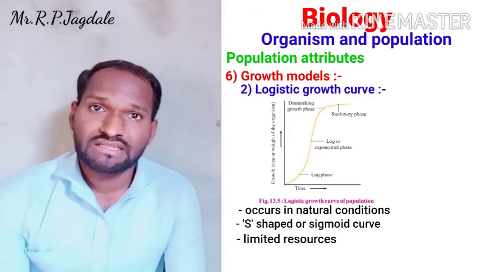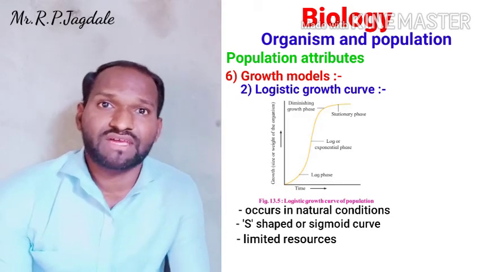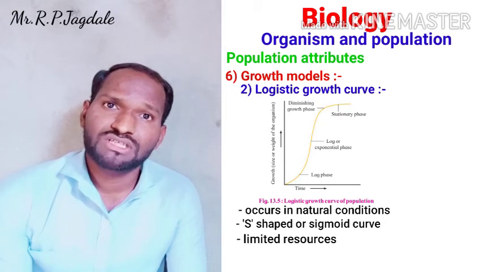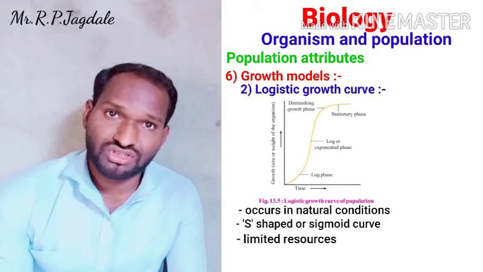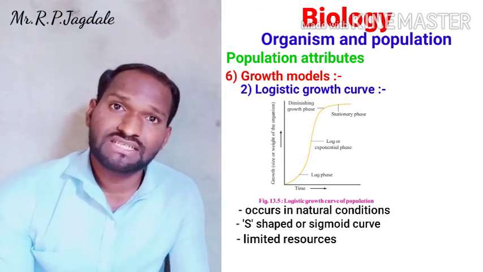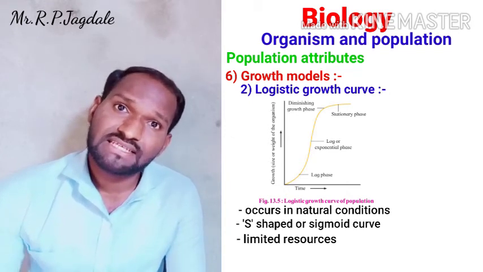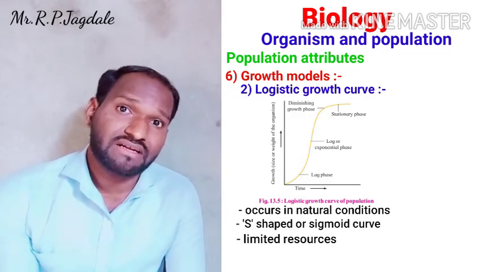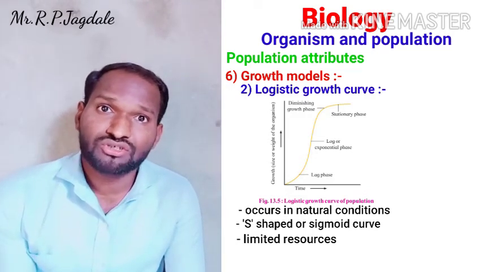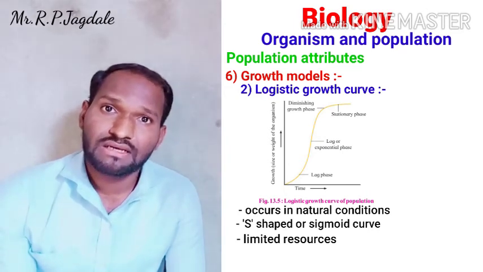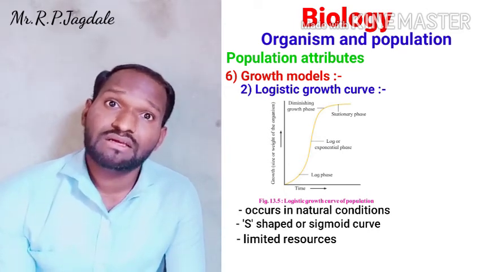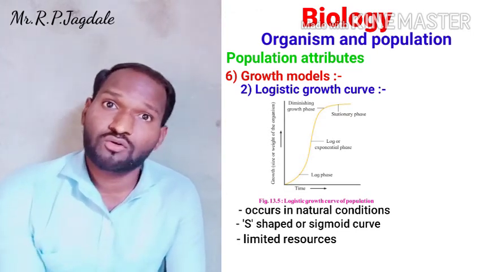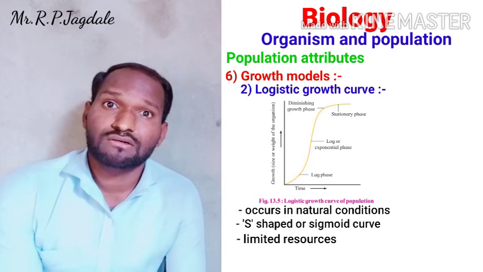And lastly, there is a steady phase, or we can call it the stationary phase, where the population is not increasing that much. It is not actually steady, because the population rate is the same, but when a limiting factor comes, that means limitation of resources, space, environment, then the organisms from those conditions are eliminated, they go away from that space.